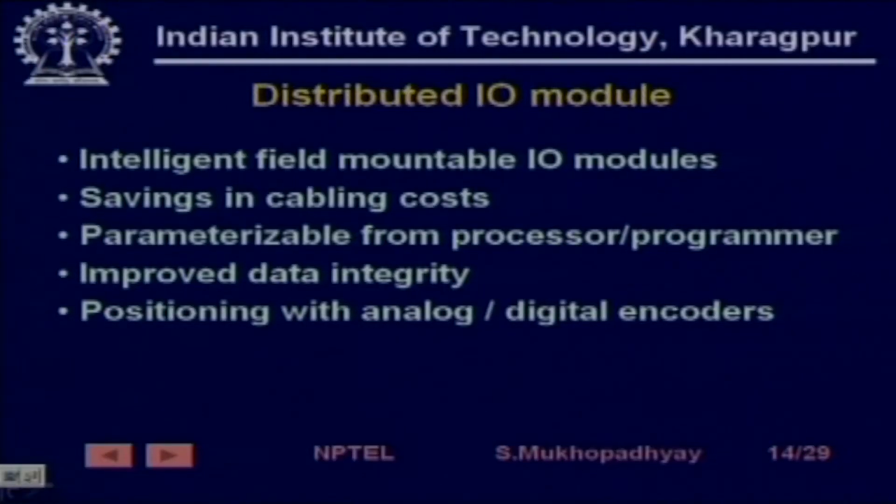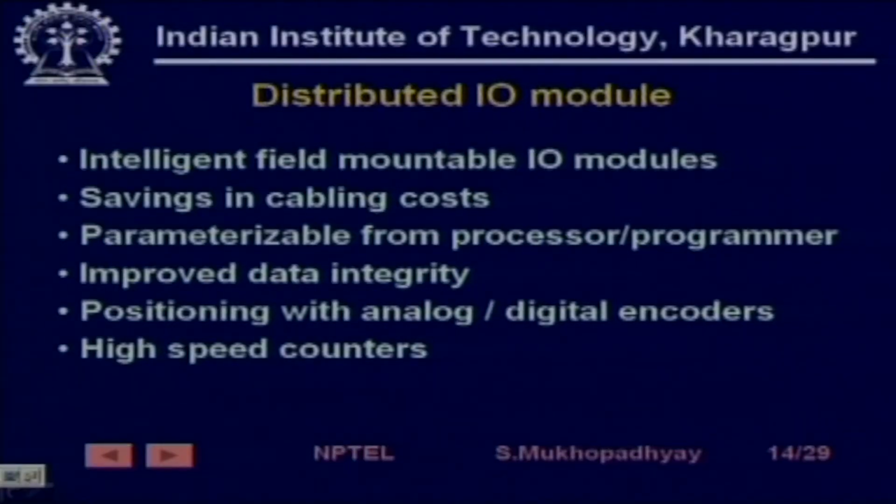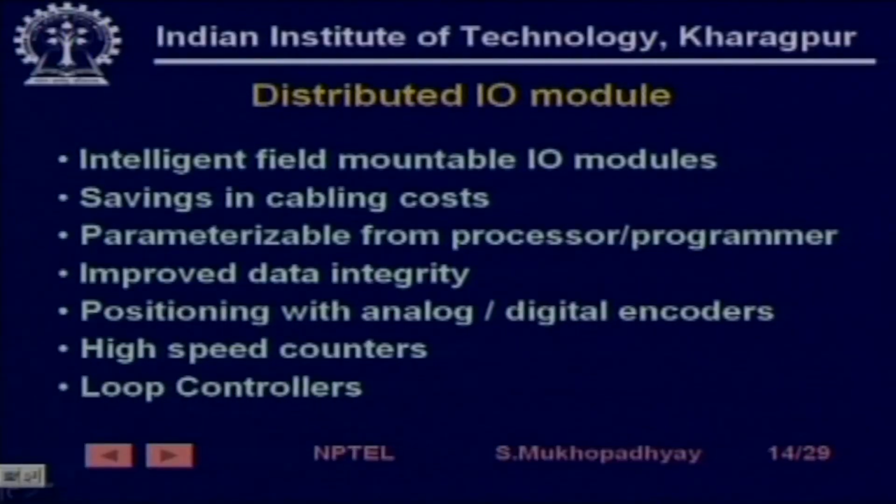Typically they are used for applications like very close positioning with analog digital encoders, which requires frequent sampling and fast output generation, very difficult to do with the central processor because it will get loaded. High speed counters, which need to count high speed events like fast moving shafts, angle pulses.